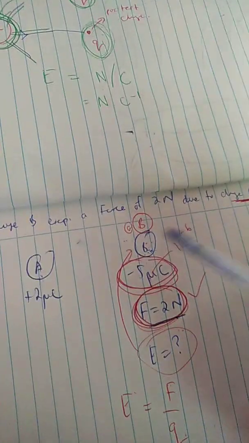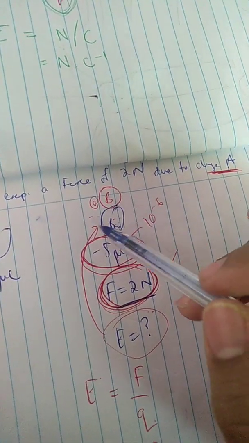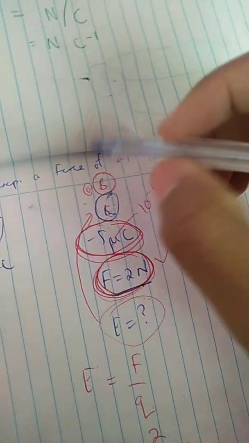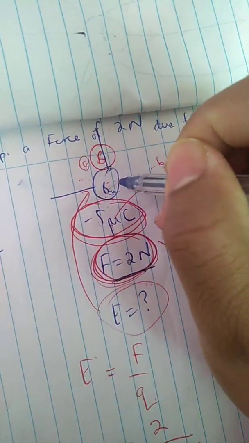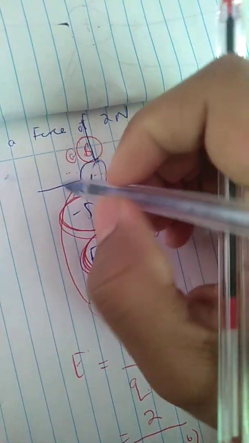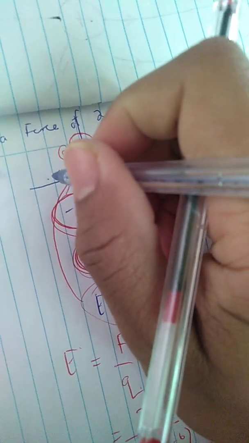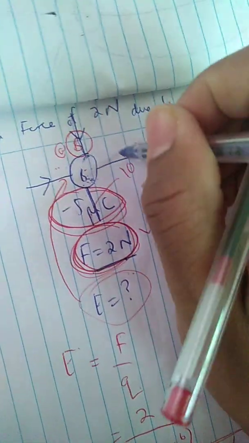So that's very important to understand. If you look at B's electric field, B's charge is negative, so the field points towards the inside.